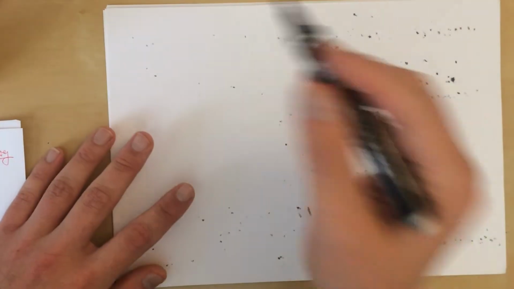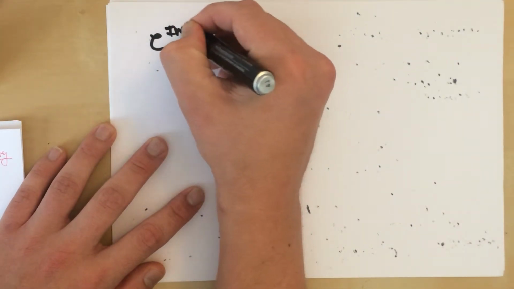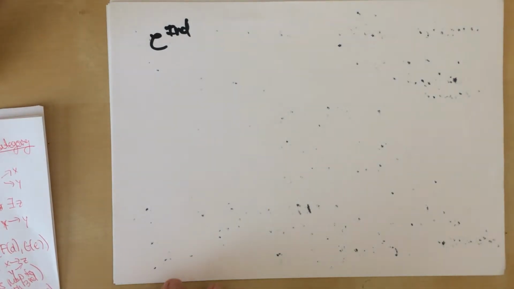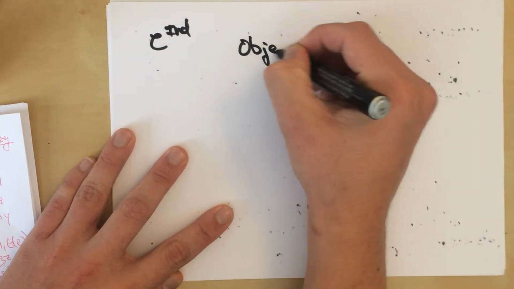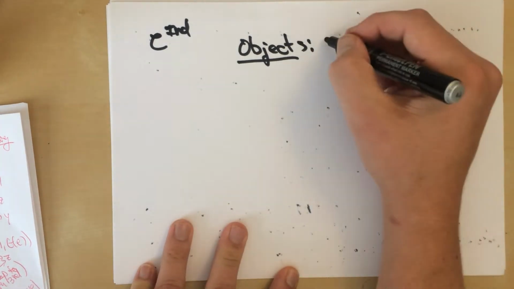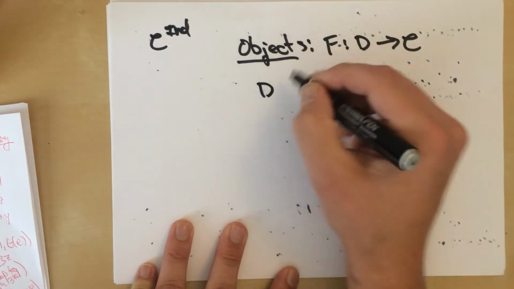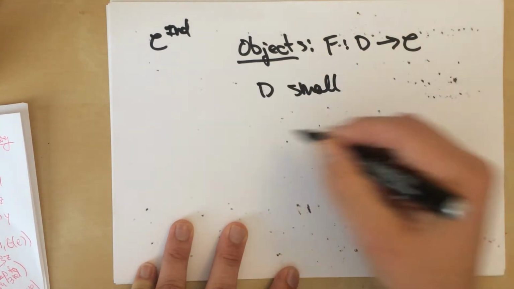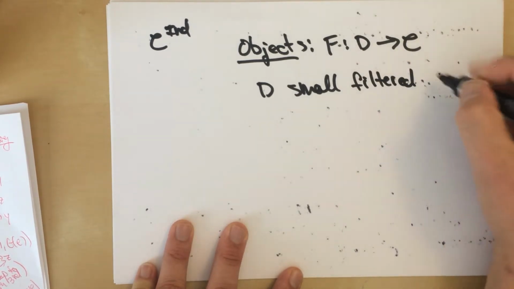Now I want to talk about the definition of this inductive category here, the category of inductive limits in C. The objects of this category are going to be diagrams here, where D is a small filtered category, small meaning that the Hom sets are sets.